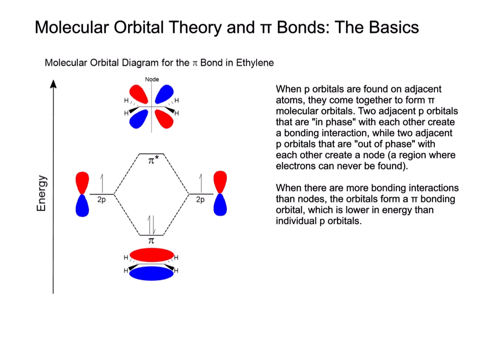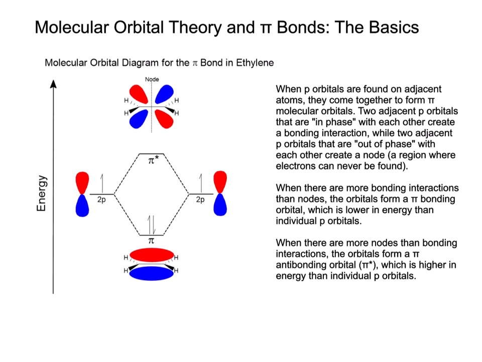When there are more bonding interactions than nodes, the orbitals form what we call a pi bonding orbital, which is lower in energy than the individual p orbitals. So you can see that pi bonding orbital in ethylene below those two p orbitals in the center of the diagram. When there are more nodes than bonding interactions, the orbitals form a pi anti-bonding orbital, which is higher in energy than individual p orbitals.